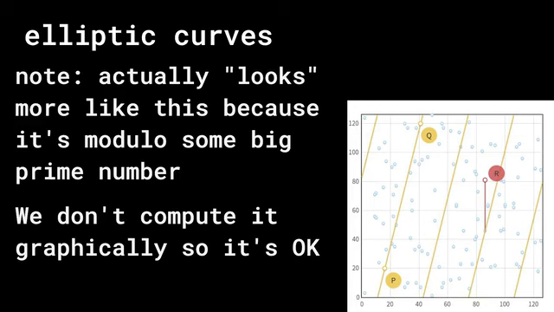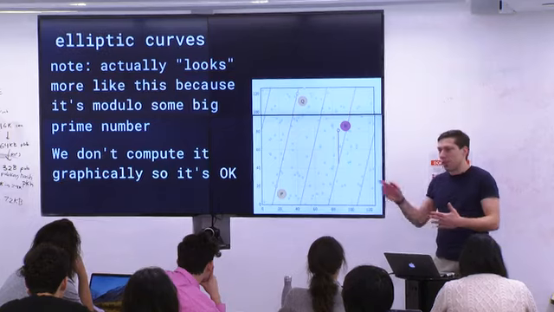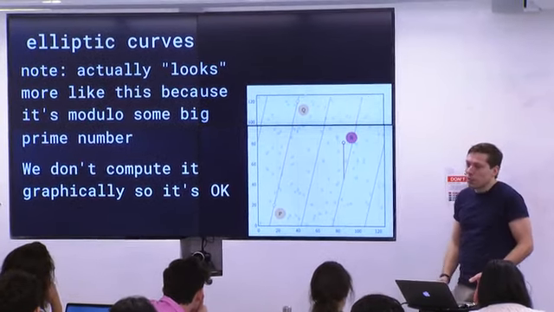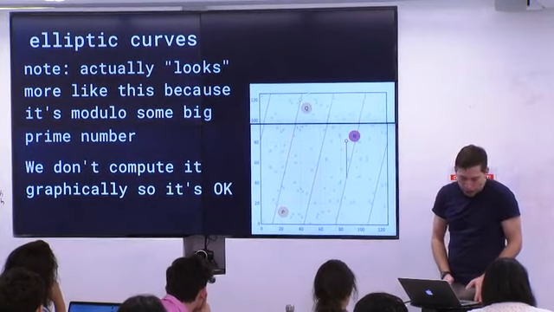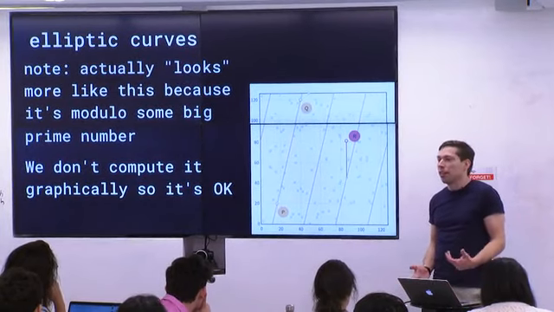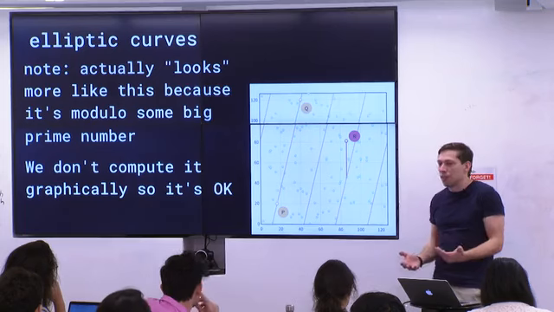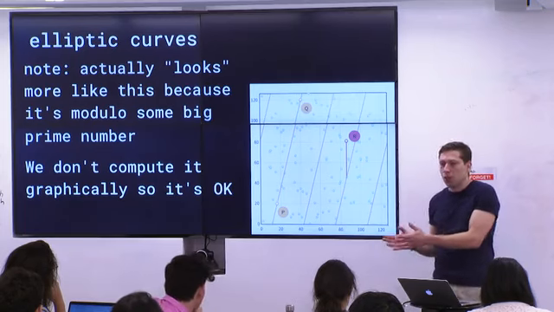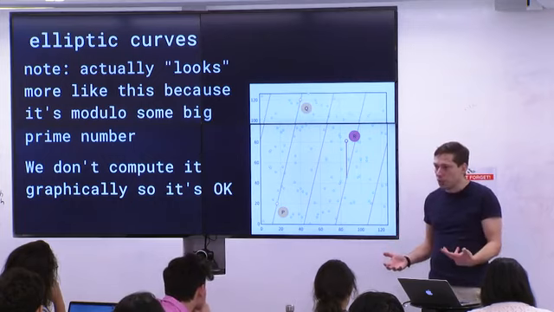But the way the computer does it is all modulo a number, so it doesn't actually map to a nice curve. However, the fun thing about doing modulo is all the properties stay the same, right? With regular numbers, you can still do addition, multiplication, division, all modulo some number, and it still all works.